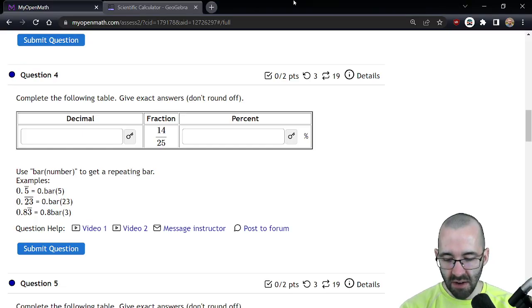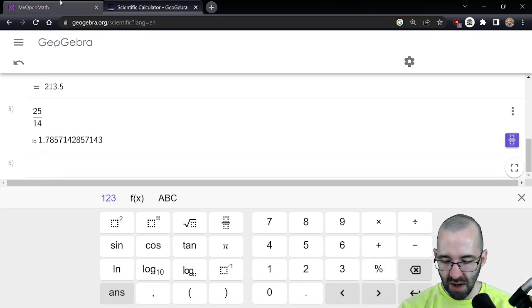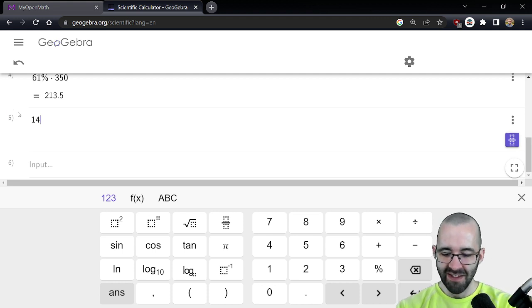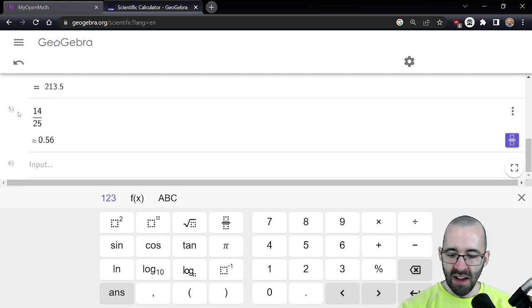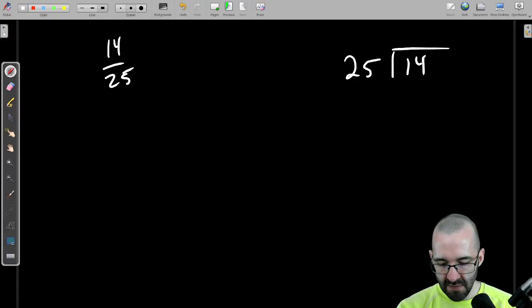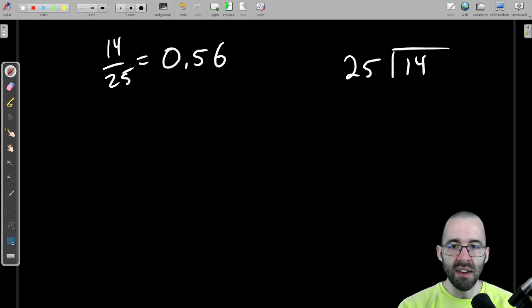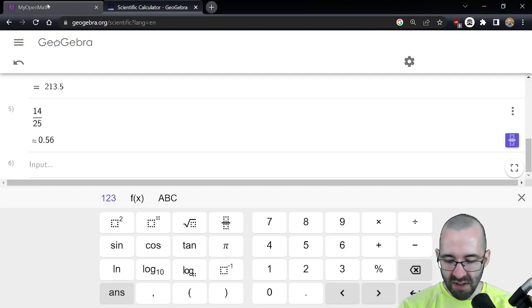I'm going to use a calculator. 14 divided by 25. That's going to be 0.56.